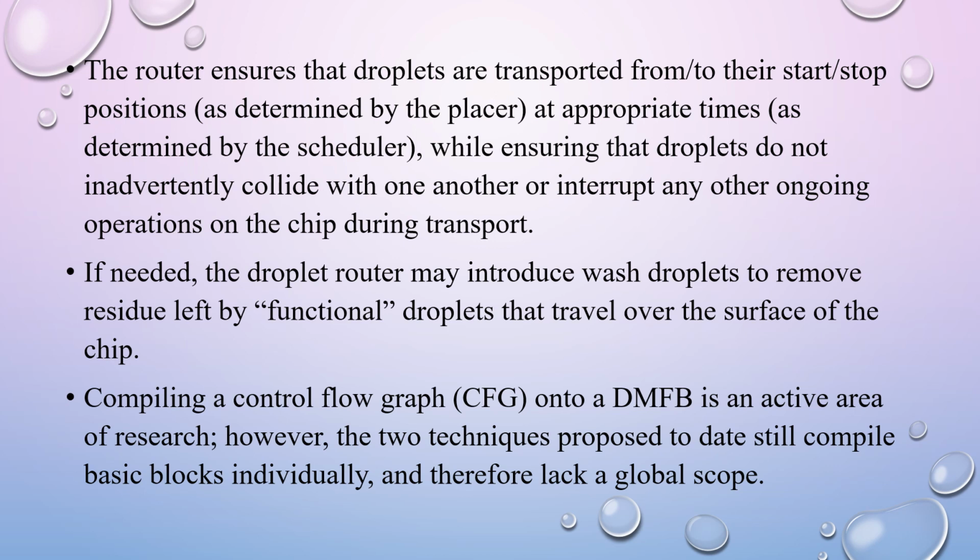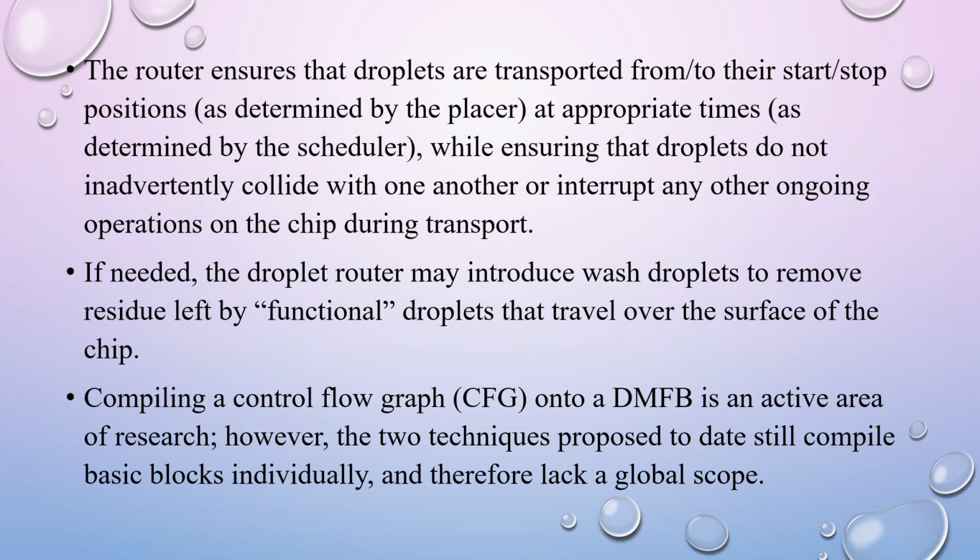The router ensures that droplets are transported to and from their start and stop positions at appropriate times, while ensuring that droplets do not inadvertently collide with one another or interrupt any other ongoing operations on the chip during transport. If needed, the droplet router may introduce wash droplets to remove residue left by functional droplets that travel over the surface of the chip.